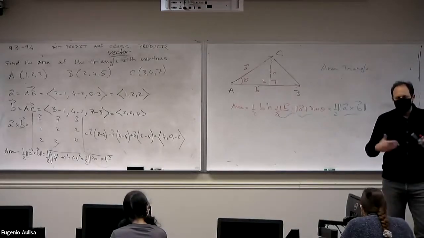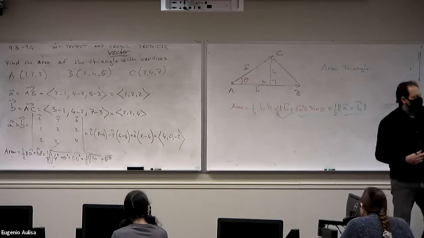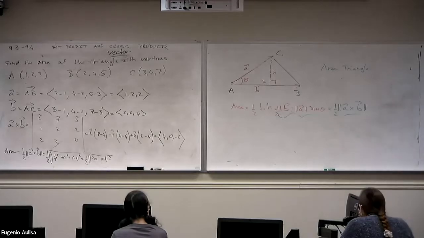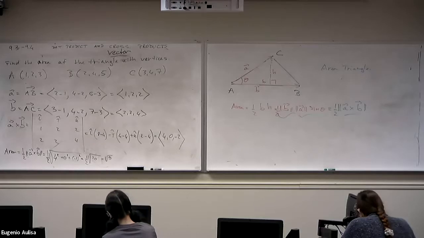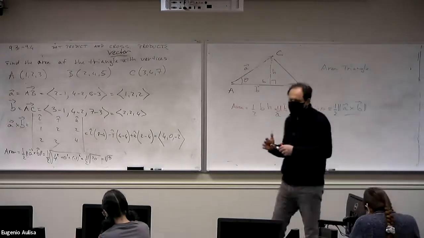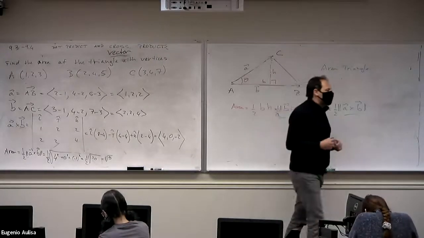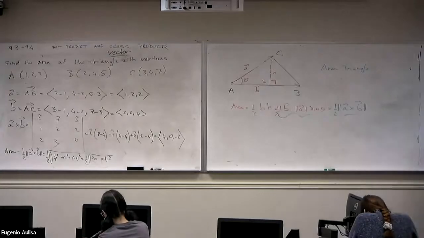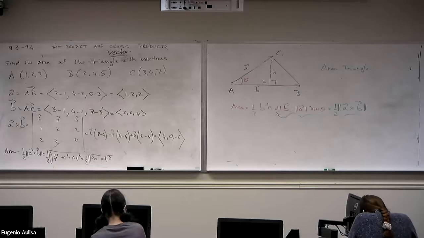It's something that you should already know, and it covers four sections, so for that reason it's kind of long. Any questions? On Thursday, we start the new material, which is 9.5, parametric equations. So class is dismissed.